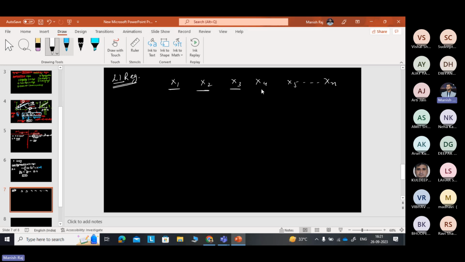You can understand that if some equation is being formed, the equation will look like this: beta 1 x1 plus beta 2 x2 plus beta 3 x3, and I put dot dot dot xn, beta n xn. So this is the equation, some equation of the linear regression, and this is y.